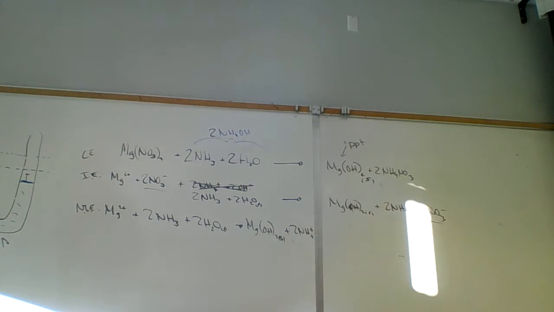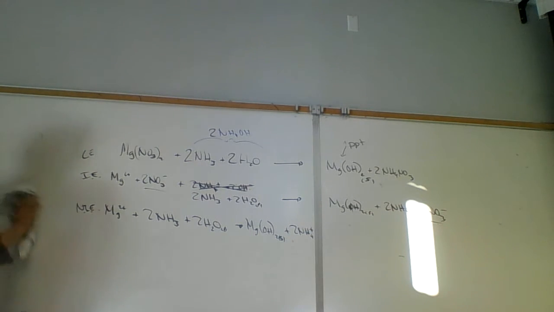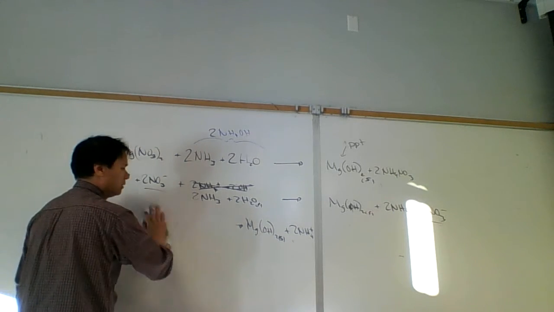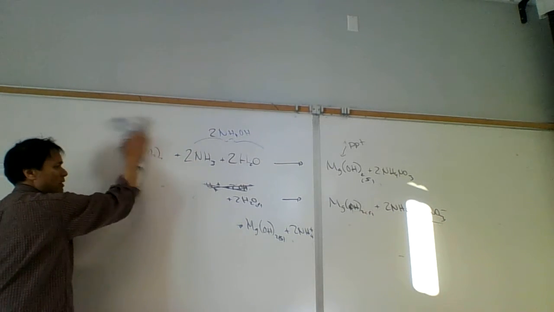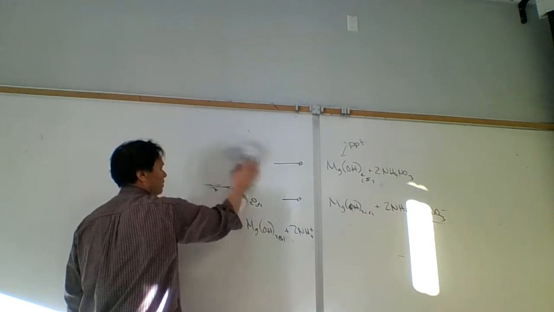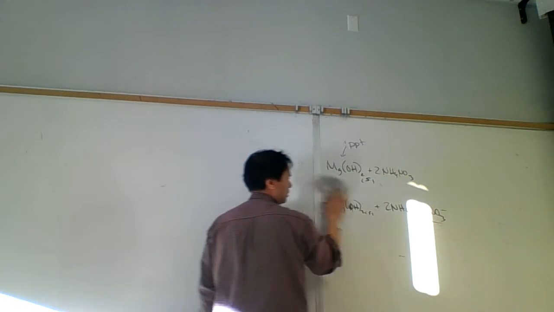So that's a little bit of review for equilibrium, acid-base, metathesis. We also did Lewis acid-base. We did one example of a Lewis acid-base reaction, which involved the reaction of what and what?